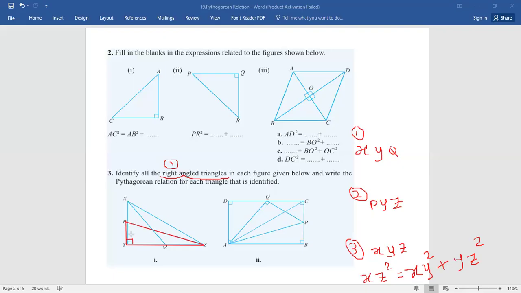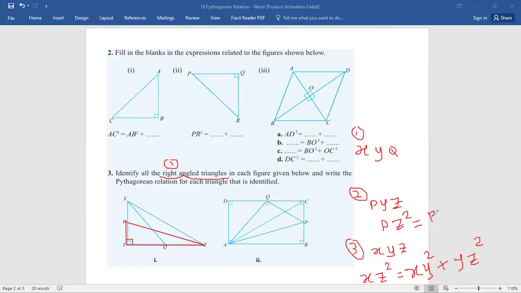What is the hypotenuse of this PYZ right angle triangle? PZ. PZ squared equals the squares of the other two sides, PY and YZ.